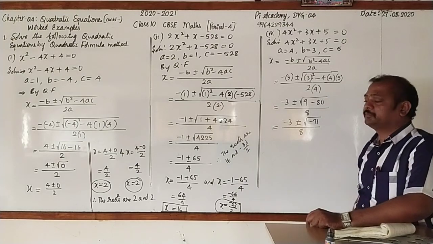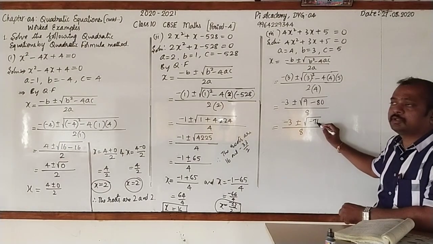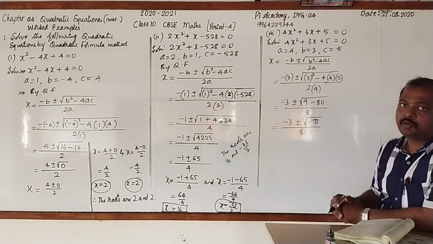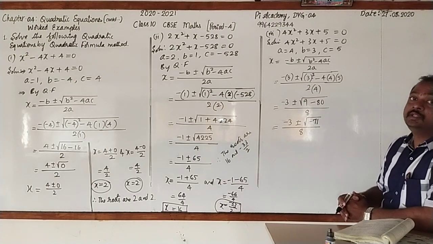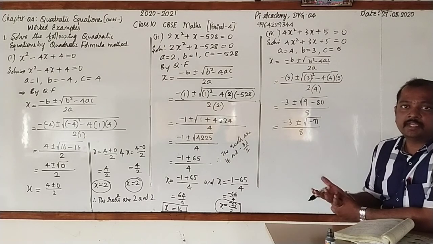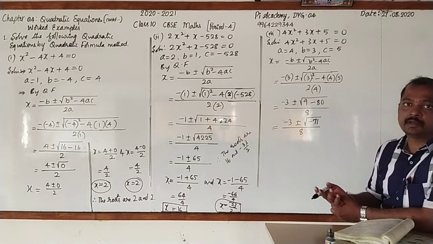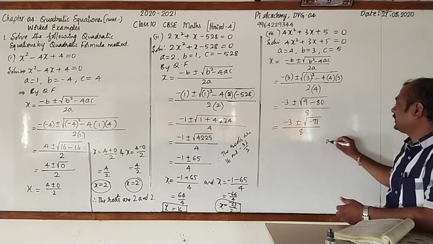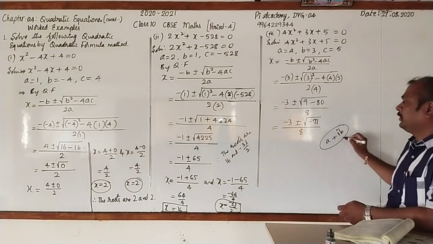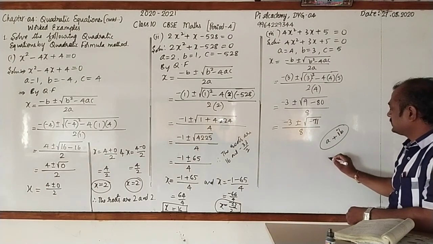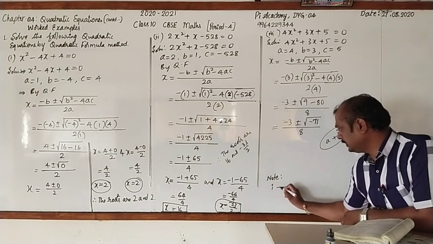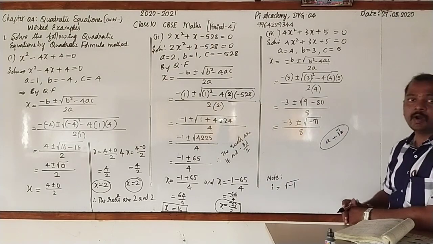Divided by 8. Dear students, do we have a value for the square root of a negative number? No. If there is a square root of a negative number, then the value will be imaginary, which is called a complex number. Understood? The complex number will be in the form of a plus ib, where i is imaginary. i is nothing but i is equal to square root of minus 1.